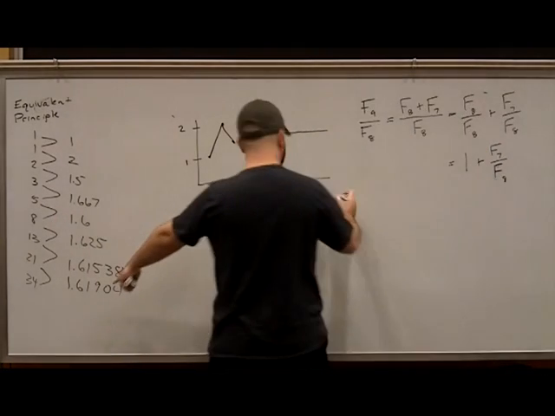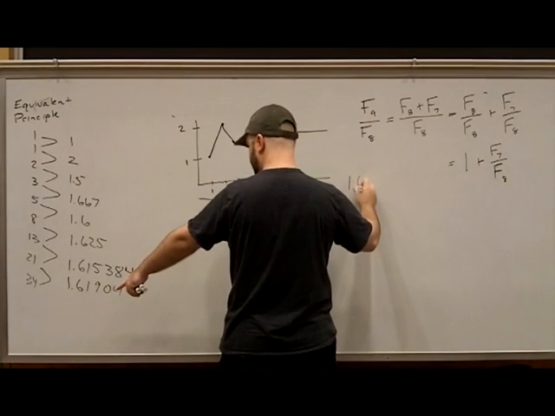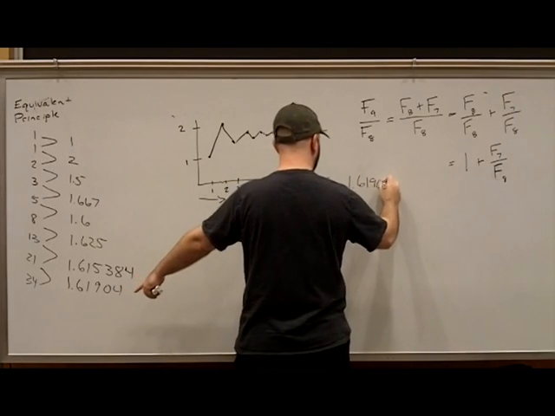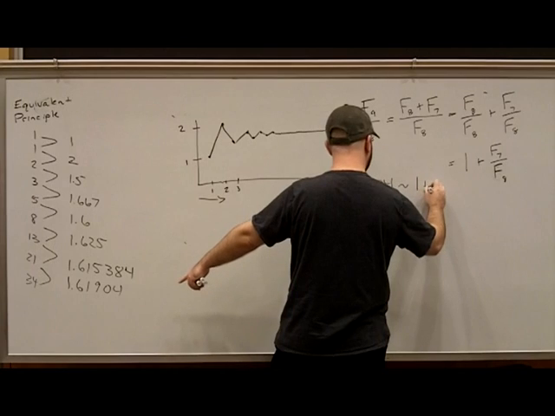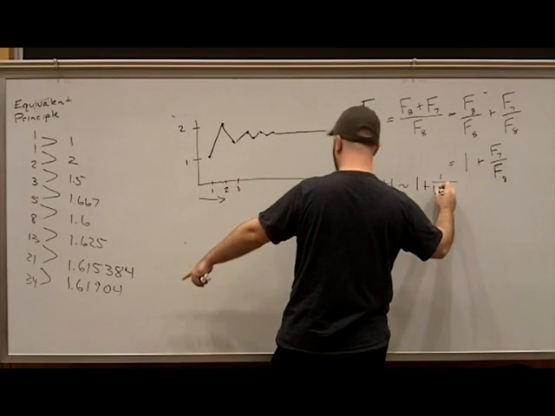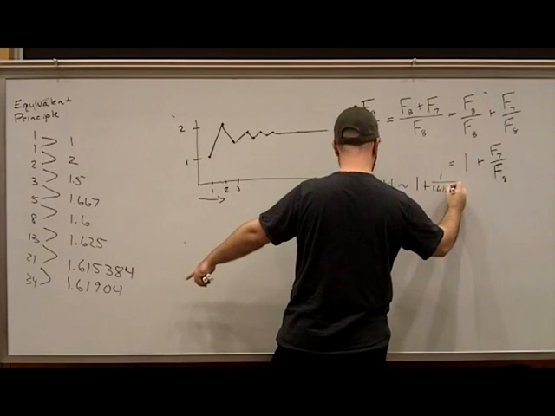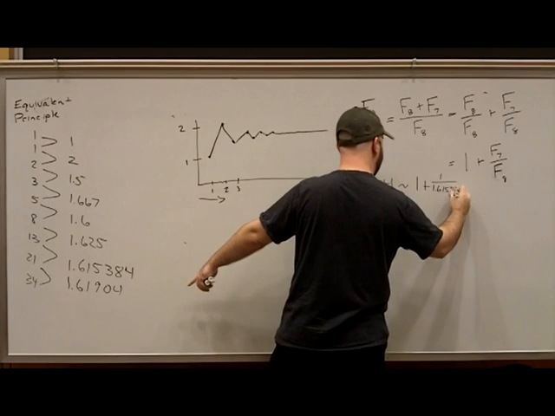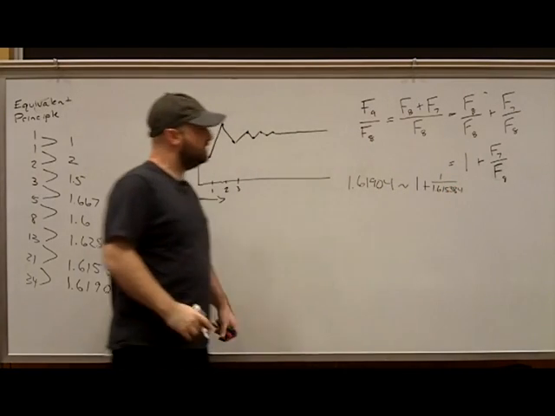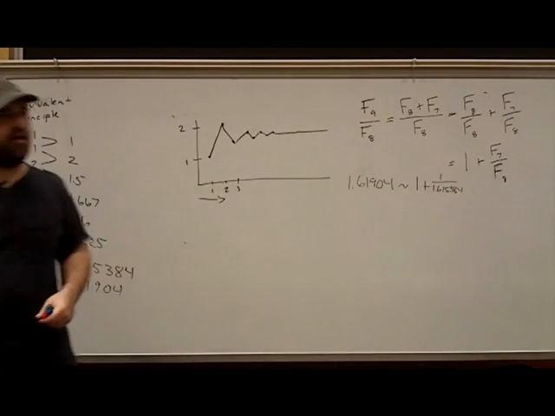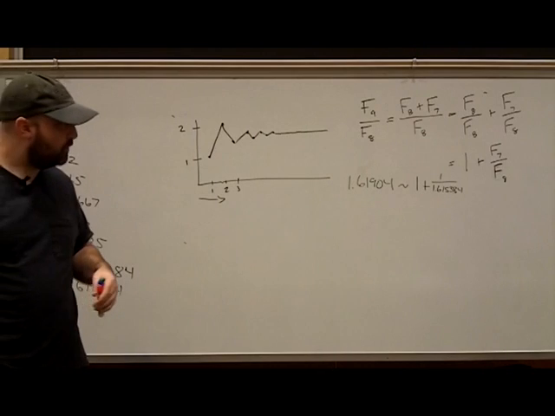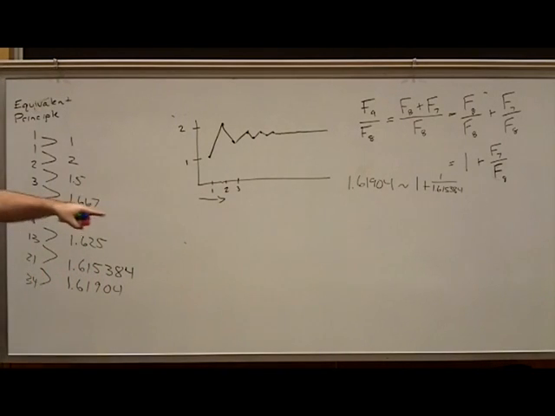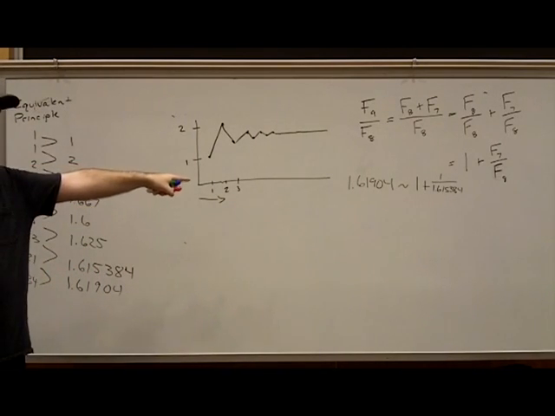So what we can say is that 1.61904 is about equal to 1 plus 1 over 1.615384. And so does this explain why it goes up and down? Because the fraction goes from large to small, from large to small. So it goes up and down because it previously went up and down.